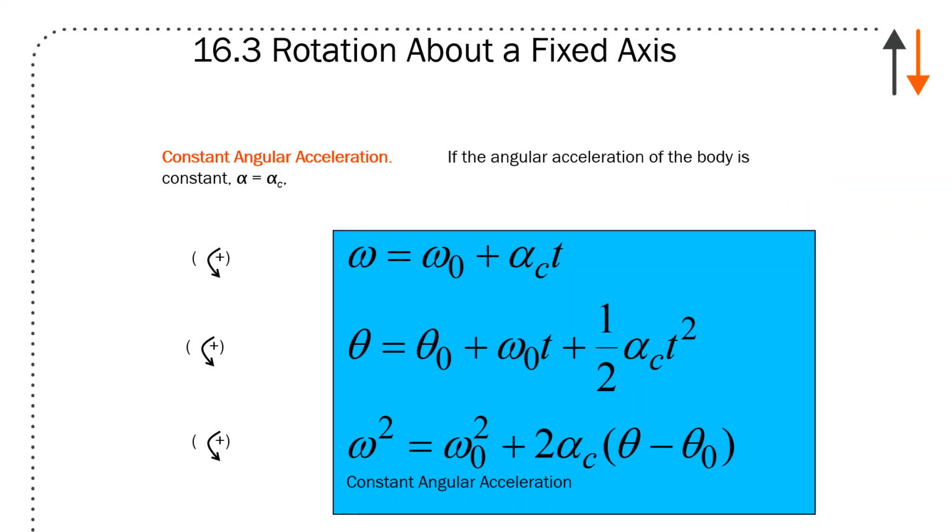For constant angular accelerations, you get similar results as you got in the past. So omega is equal to omega naught plus alpha c t. Theta equals theta naught plus omega naught t plus 1/2 alpha c t squared. And omega squared equals omega naught squared plus twice alpha c times theta minus theta naught.